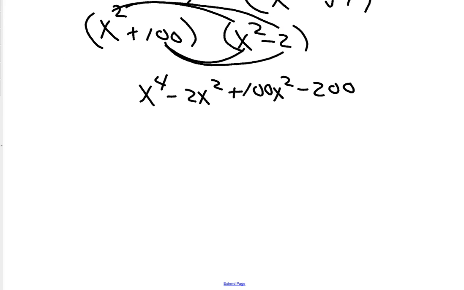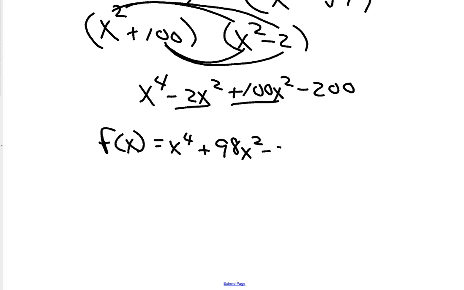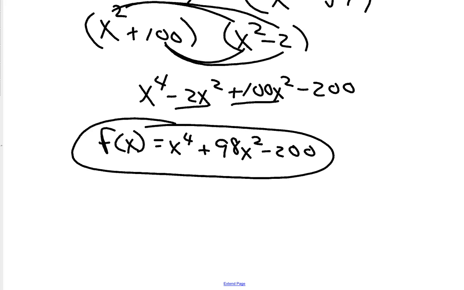If you're saying or thinking you've got like terms, you got to put them together, you are correct. The x squared should go together to make 98x squared. With the minus 200 at the end. There is your answer for the least degree polynomial that has the given roots.